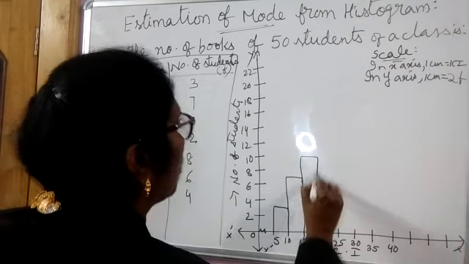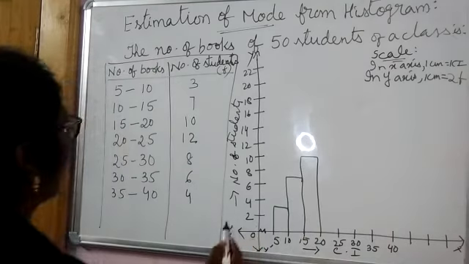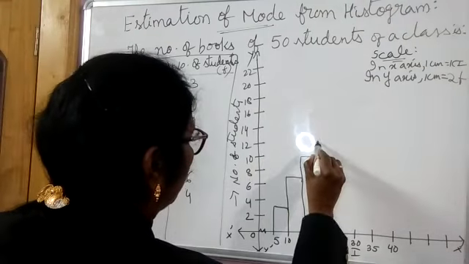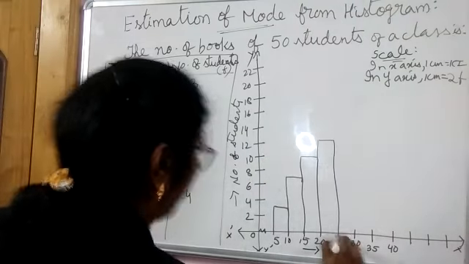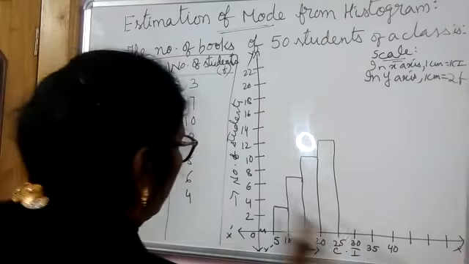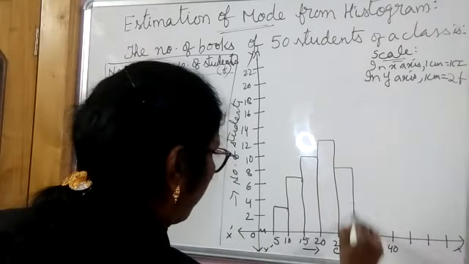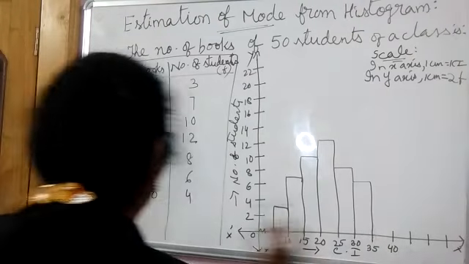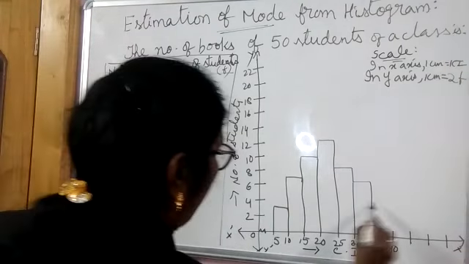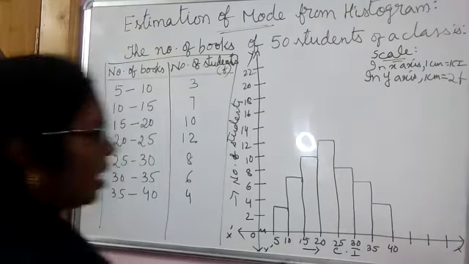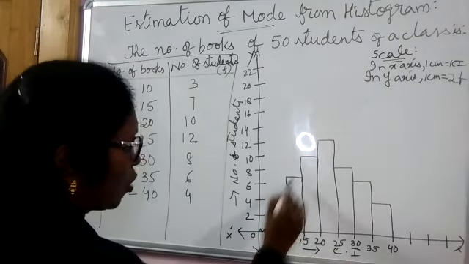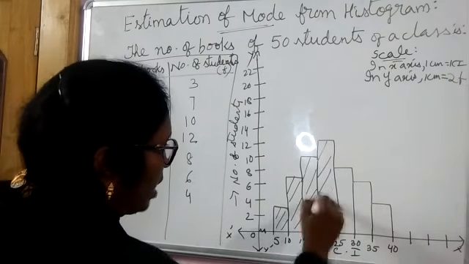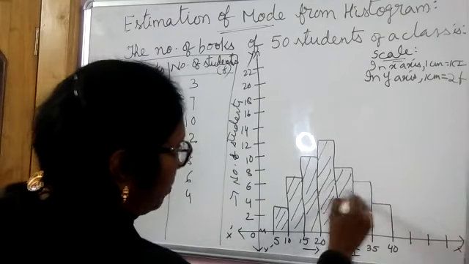You can do it easily. 20 to 25, 12 students, up to this. 25 to 30, 8. 30 to 35, 6. And 35 to 40, 4 students. So you have drawn the bars. Shade them so that it is clear.